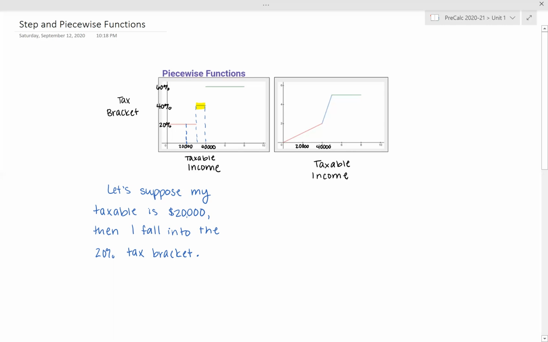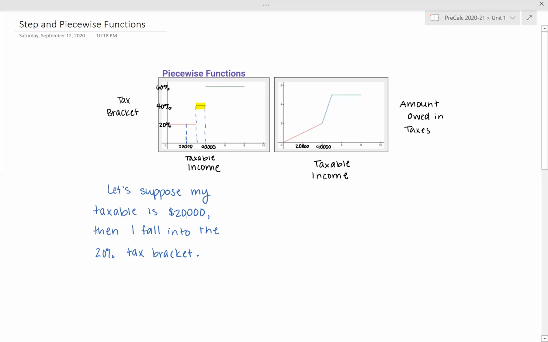My y-axis though, instead of being what tax bracket I fall into, it's going to be the amount I owe. How much do I owe in taxes? Because that amount is changing in a more linear fashion.